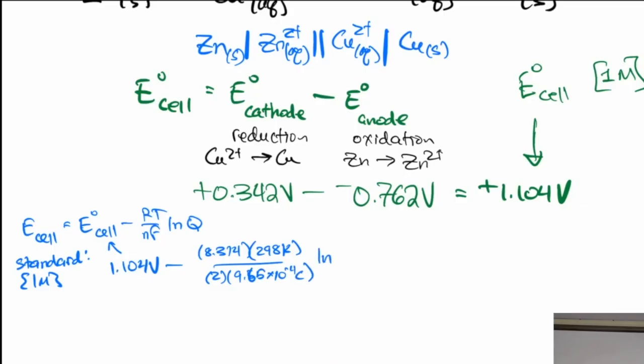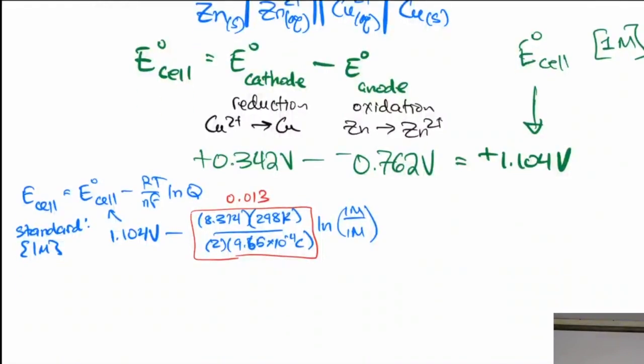And that's going to be times the natural log of 1 molar over 1 molar, which we already know is 0. But we're going to keep using this value. This value is never going to change in my example. So let's just calculate what that is right now. Let's call this 0.013.